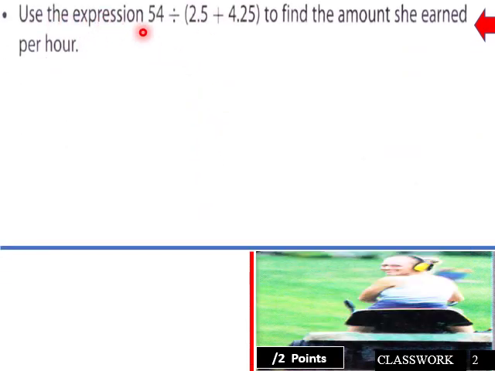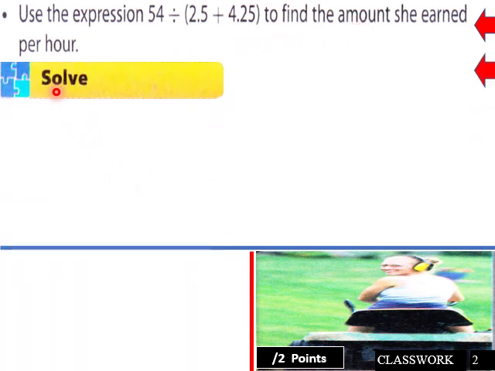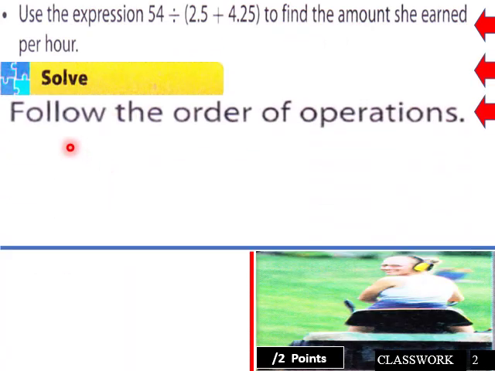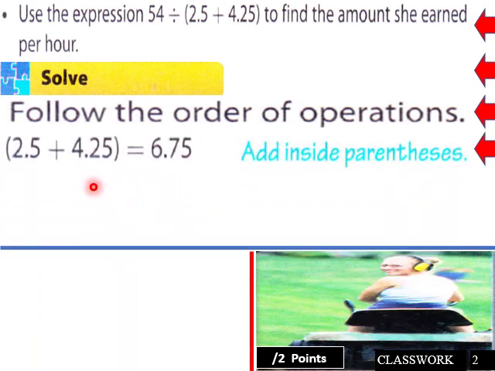So using the expression, we have $54 divided by 2.5 plus 4.25, our time worked, to find the amount she earned per hour. Follow the order of operations up here. Order of operations will be parentheses. So we add our parentheses here first. 2.5 plus 4.25 is 6.75 hours.